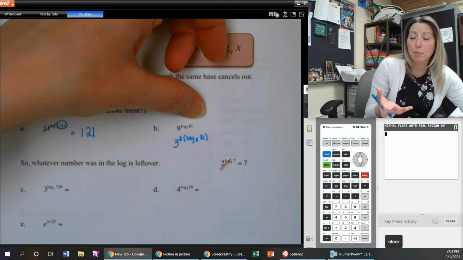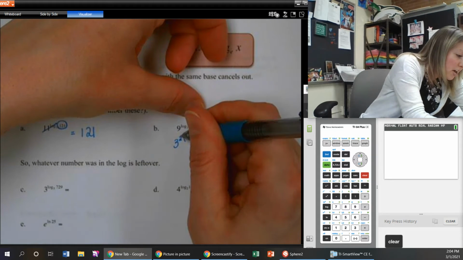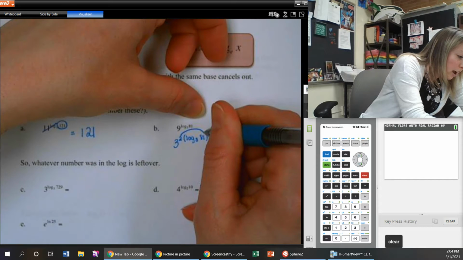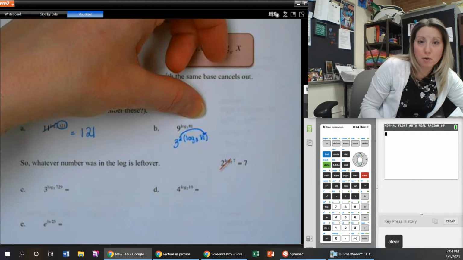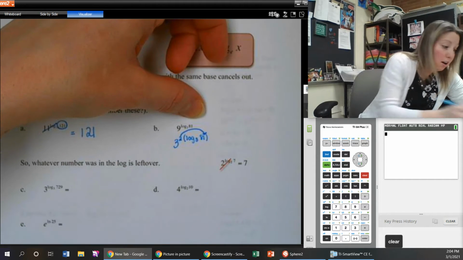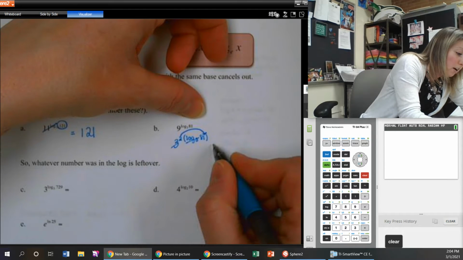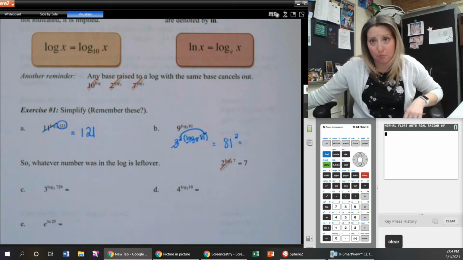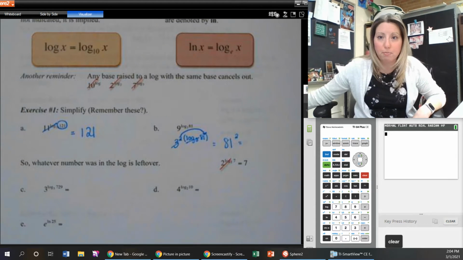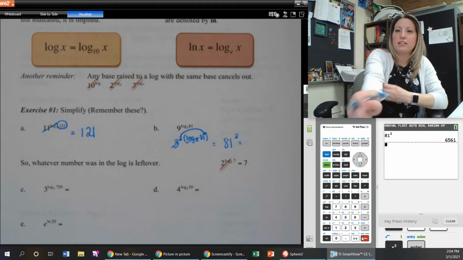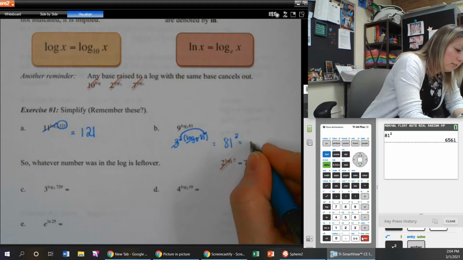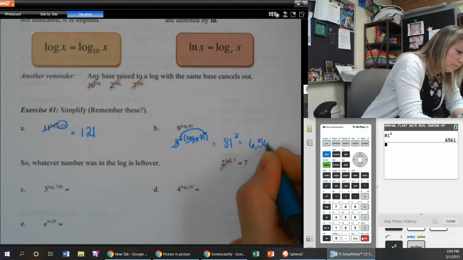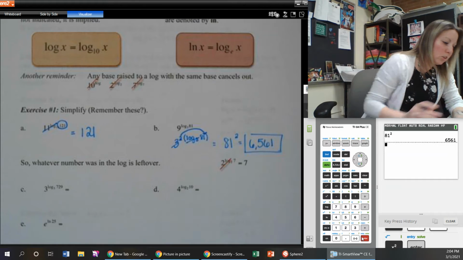We know now from the properties of exponents that this number here is actually an exponent on this number that's inside the log, but now the 3 and the log base 3 are there to cancel each other out, and 81 squared is not something that I know off the top of my head. Sorry about it. 81 squared. 6,561. I mean, duh. There's our answer. Okay?